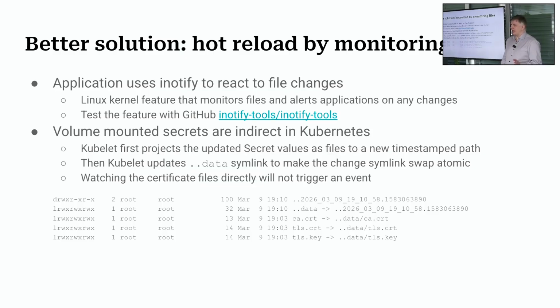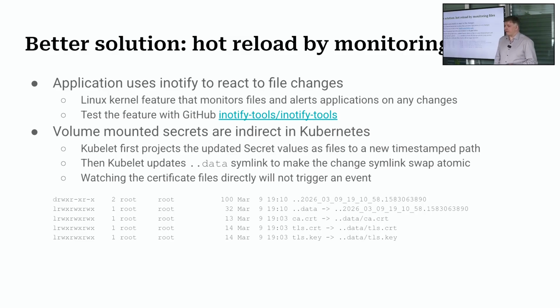Then it updates a symlink that points to the updated path. This makes it atomic, so that, for instance, we are never caught in a situation where the TLS key has been updated, but the certificate has not. So from the point of view of the consumer, it looks like an atomic operation.